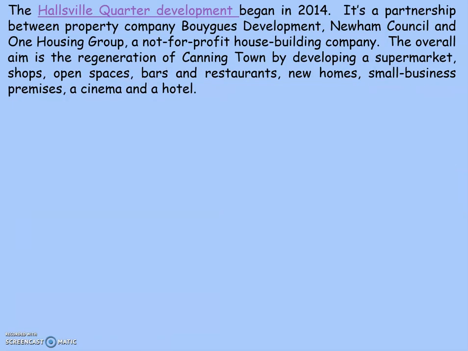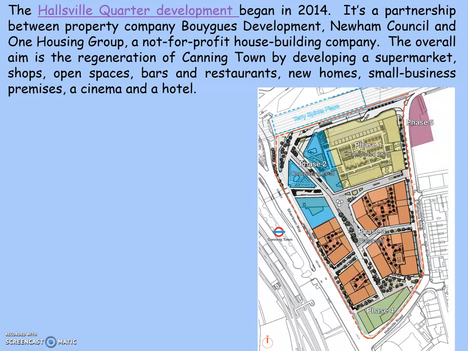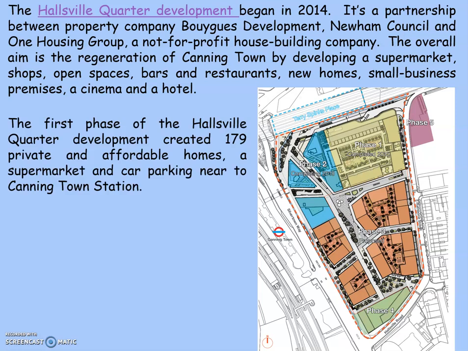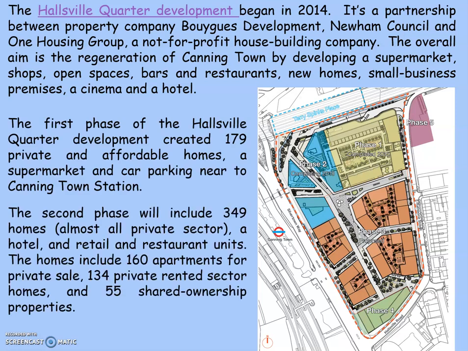There's a video there for you to watch, and the overall aim here is to develop lots of not only homes but also shops, supermarkets, small business premises, a hotel, etc. So there's a number of phases there. Phase 1 and phase 2 are both actually completed already. I'm going to show you here. There's the Canning Town tube station, and these areas are already completely finished.